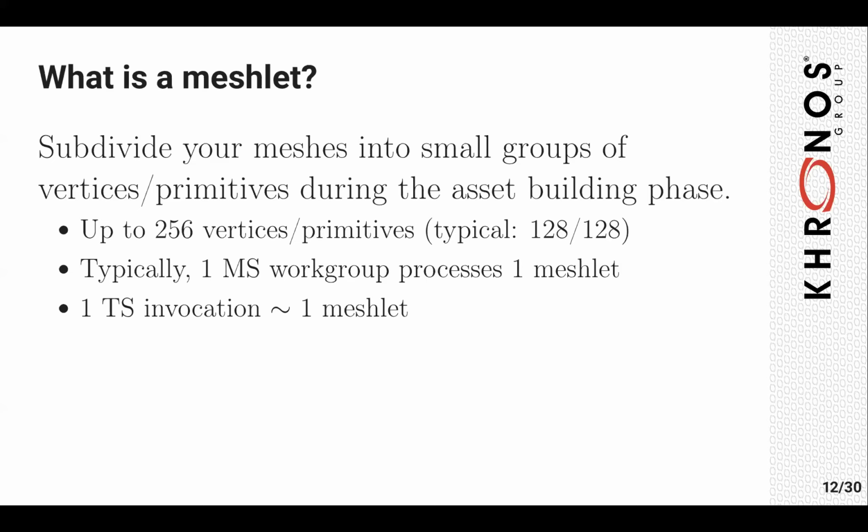So let's talk a little bit about meshlets, because I think this is the actual typical use that you are going to see. When you are building your assets, you would subdivide your models or your meshes into smaller groups. These smaller groups are typically up to 256 vertices and primitives.